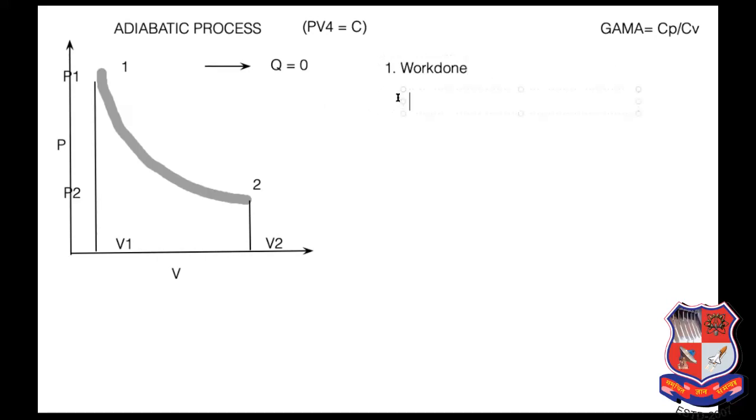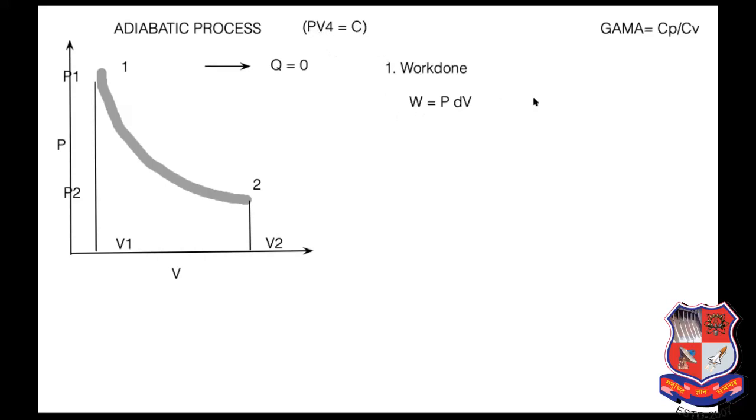Now the basic equation of W, as we know, is integration of P into dV. Here the pressure and volume both are not constant. So how to derive the equation? Whenever the equation is like that, you have to put the value of the constant. The value of P from this equation is C divided by V raised to gamma.